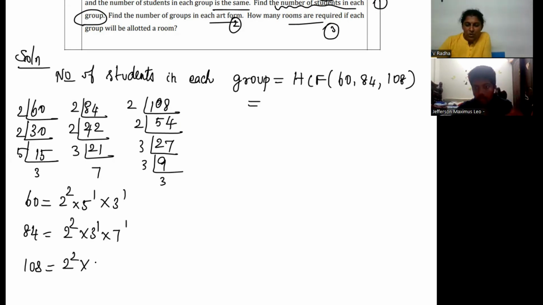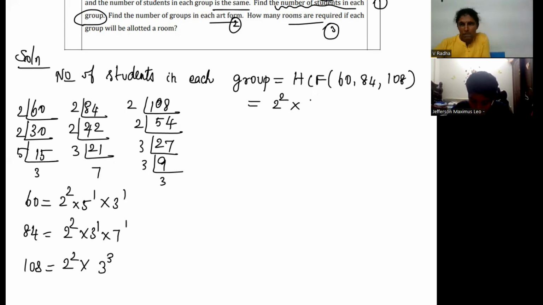No. You said 21? Somewhere you made a mistake, I think. 108 is 3 cube. HCF means each prime factor takes the lowest power only. Looking at all the twos, they have equal power, so we take 2 square. Moving to 3: 3 power 1, 3 power 1, 3 power 3.